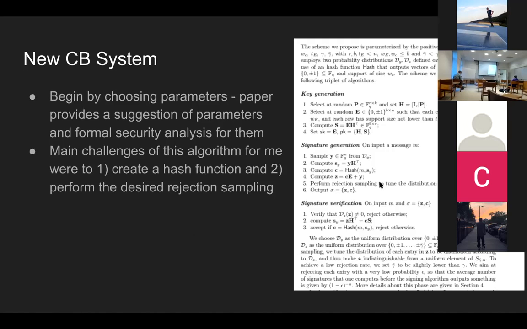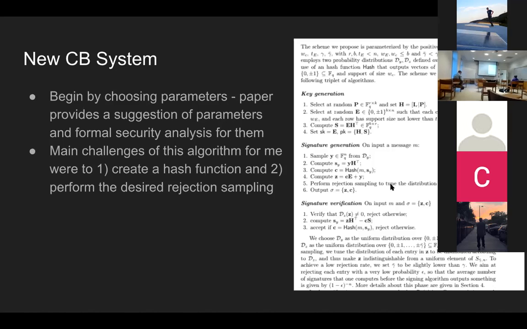There's also the element of rejection sampling that this one has, where we want to make sure that this Z, which is this vector here, generated based on this random Y and also this random E matrix from earlier, has entries over a very specific subset of our finite field given by another parameter.